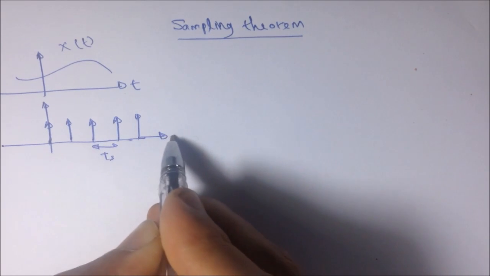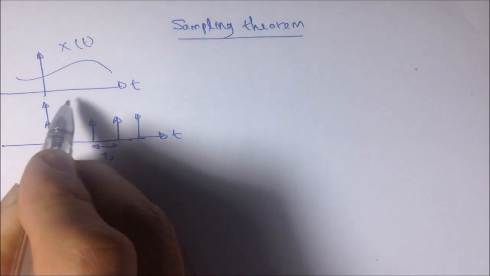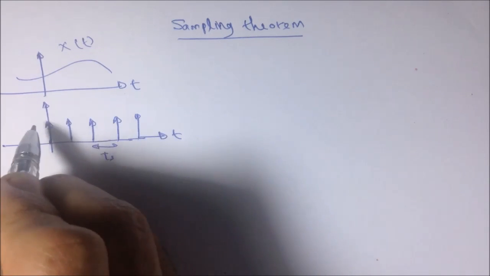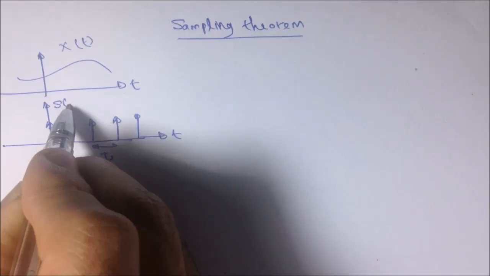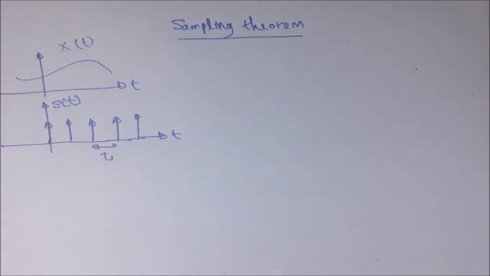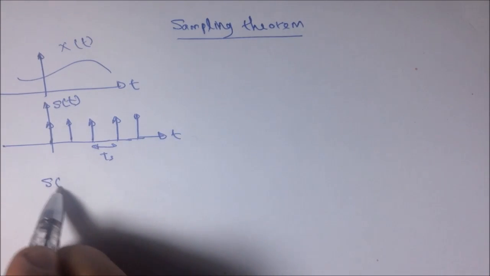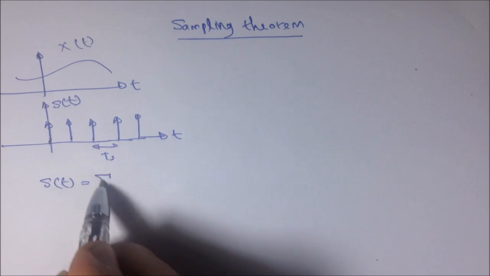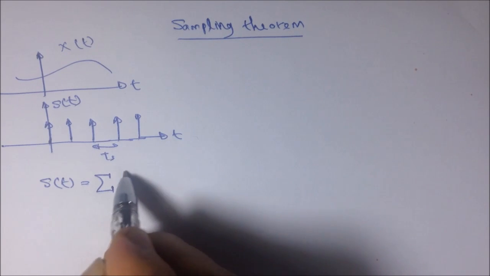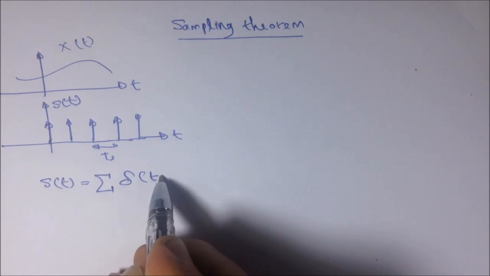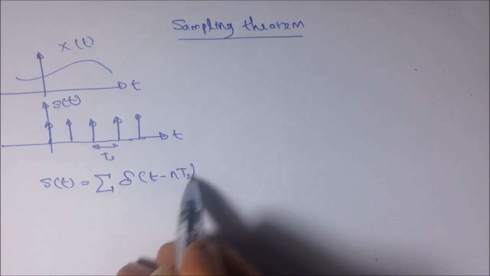So this is the sampling train, let's call it S of t, which is defined by the summation of delta of t minus nTs.